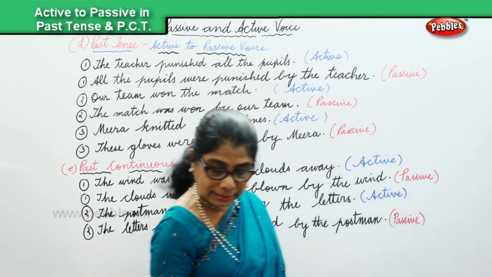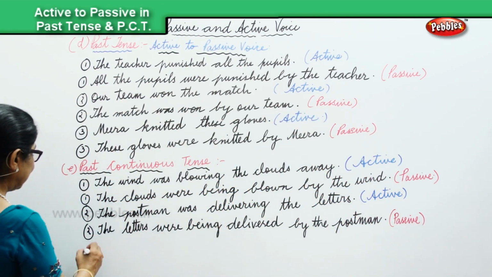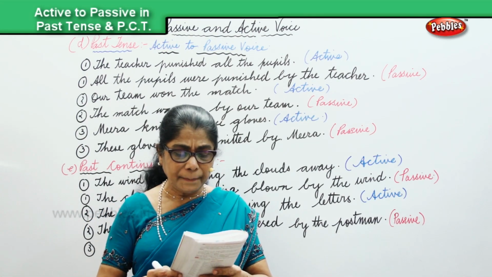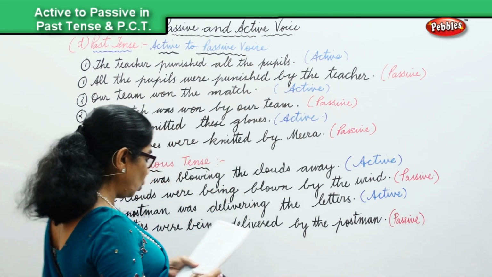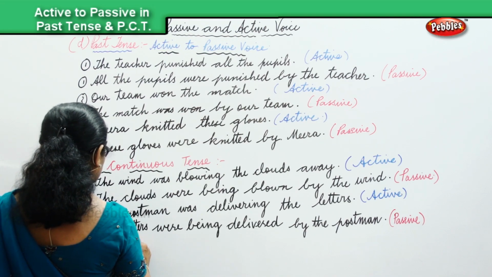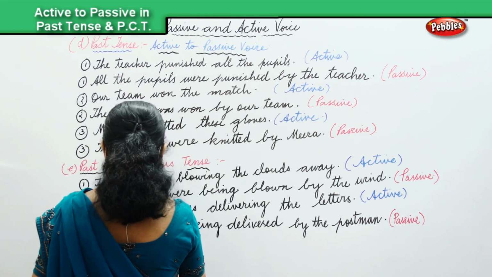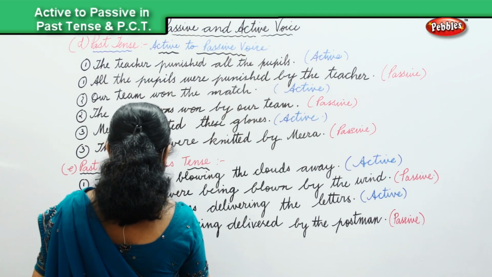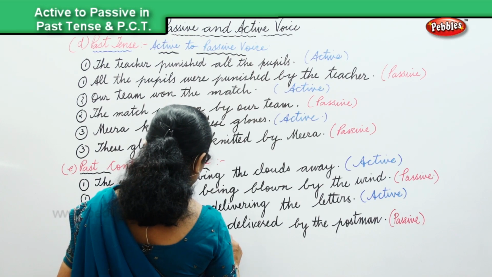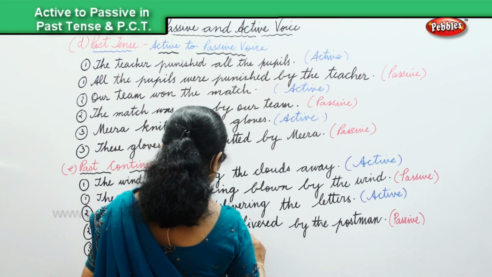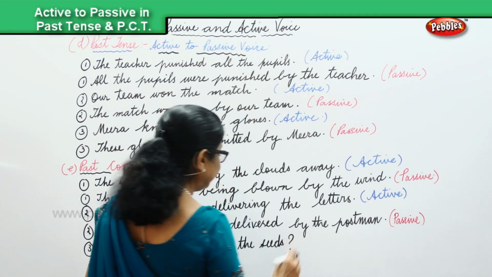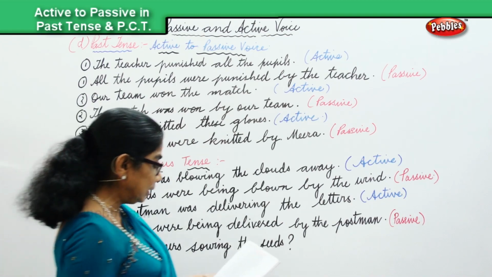Finally, we'll do one more sentence. Third one. Were the farmers sowing the seeds? The seeds, interrogative, and it is in the active voice.